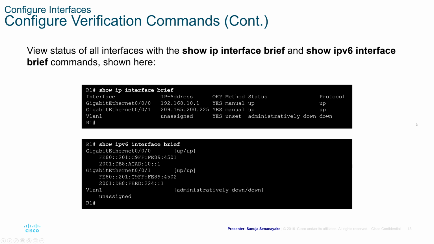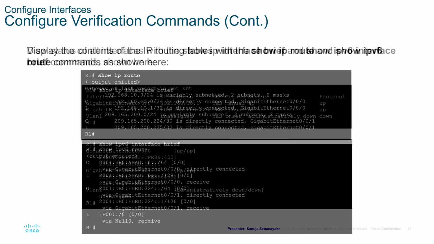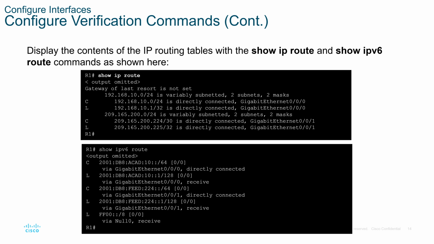Again, I will go through these labs in a separate video. Displaying the contents of the IP routing tables with the show IP route and show IPv6 route commands can be seen like this. If you run show IP route, it will give you the IPv4 routes, and show IPv6 route is going to show information like this.